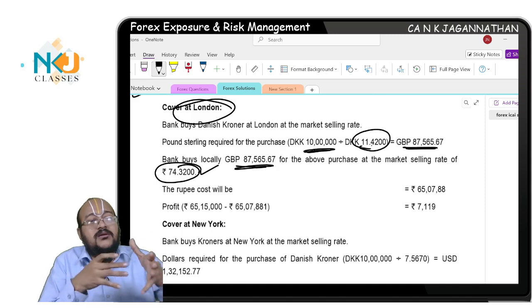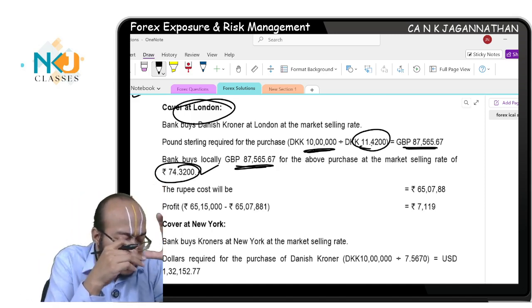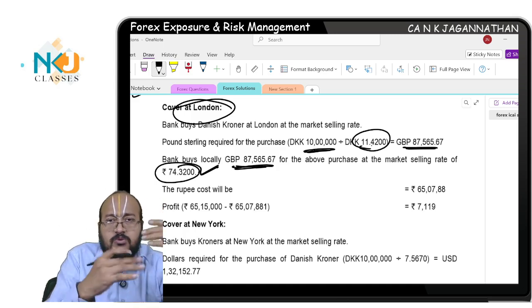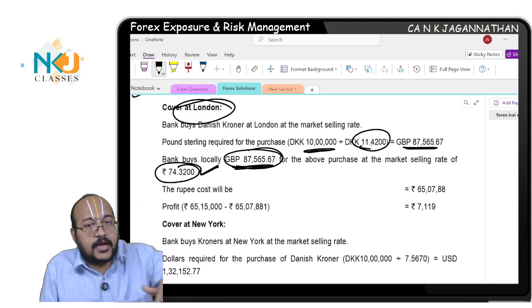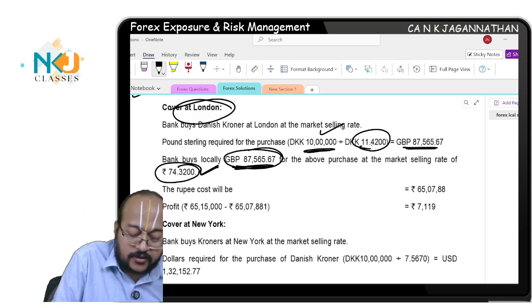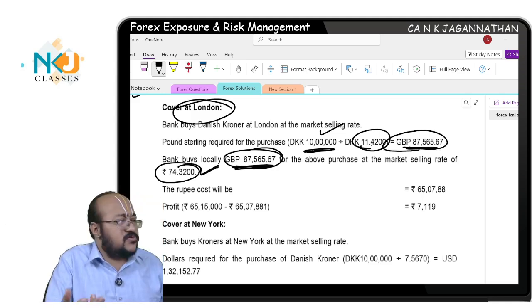Ideally, to purchase DKK you need to sell pound. Locally he will buy this much pound to sell them. In order to get 10 lakh Danish kroner, I need to buy 87,567 pounds.